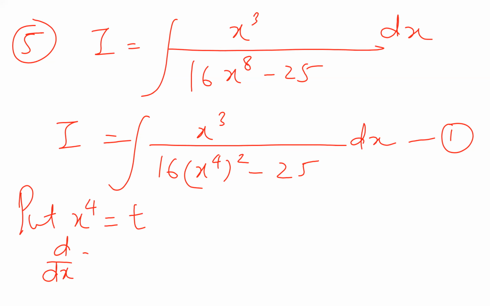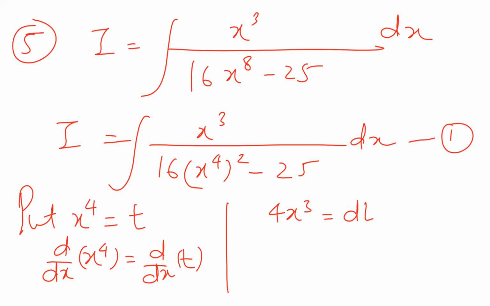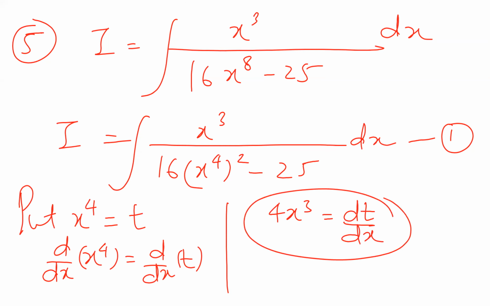Everything should be very clearly written. Don't make the life of the paper corrector difficult, otherwise he will not consider giving you marks. So 4x cube is equal to dt by dx.